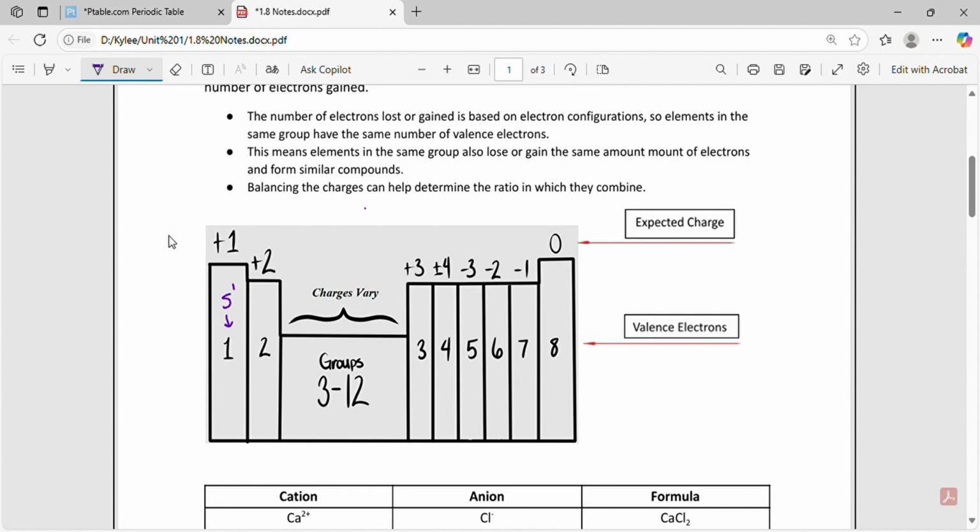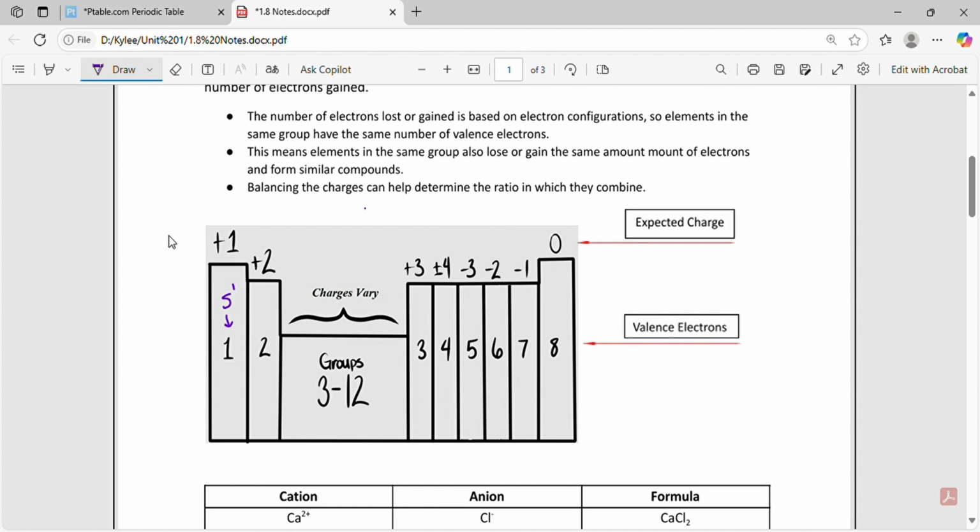It will be much easier to lose 1 valence electron like sodium did than it would be to gain 7 more, because I would have to gain 7 in order to get a full octet. Gaining 7 electrons would mean that a lot of energy changes hands, and that's just not something that will happen.